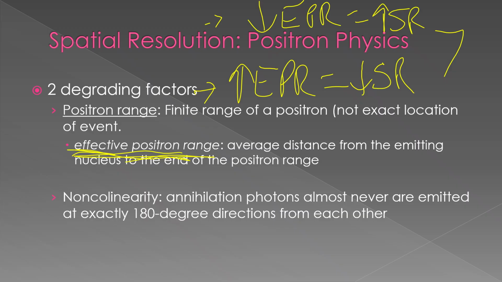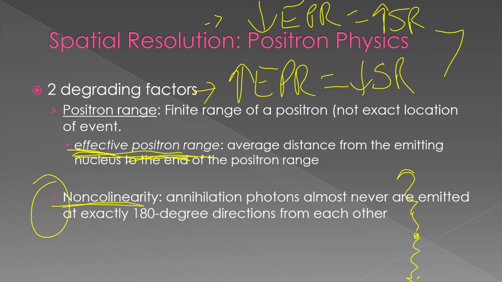And then another thing to consider with the spatial resolution, the physics kind of influences that, is the non-collinearity. This is an important term to remember. The annihilation photons are almost never emitted at exactly 180 degrees from each other. Even if they were at exactly 180 degrees from each other, they're still traveling in waves.